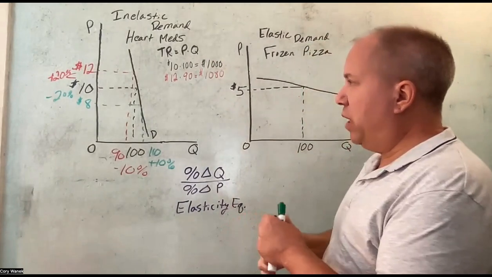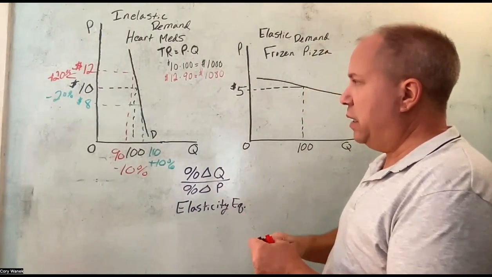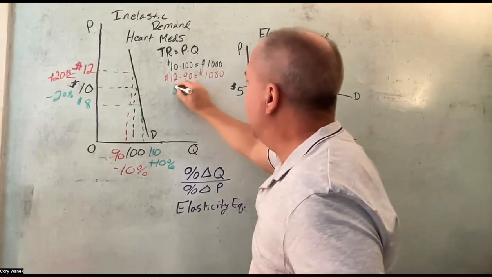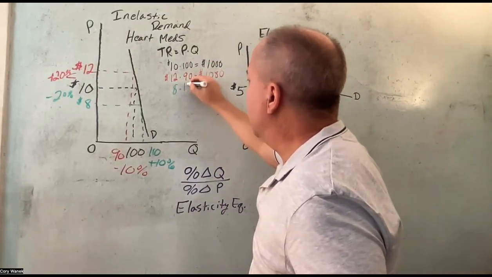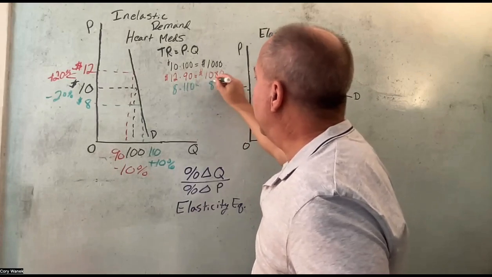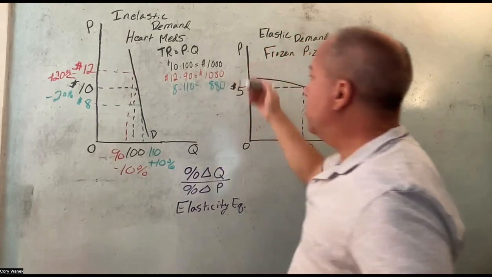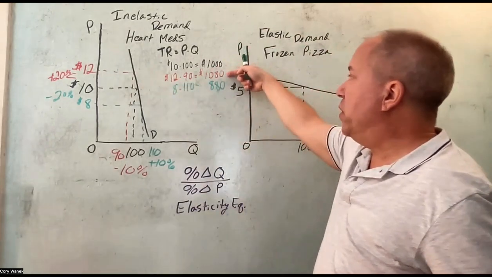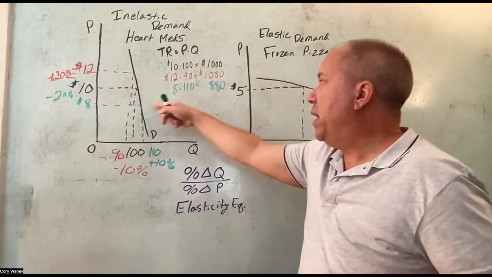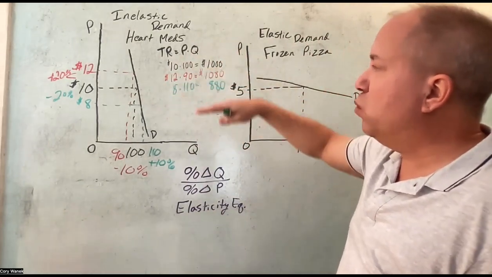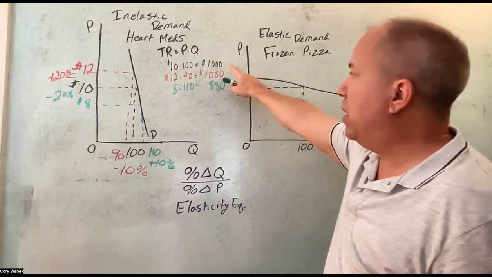And if we lower the price, it's $8 times 110, which is $880. So notice, if we raise the price, total revenue goes up. If we lower the price, total revenue goes down. So these businesses have an incentive to raise the prices because they get more revenue.